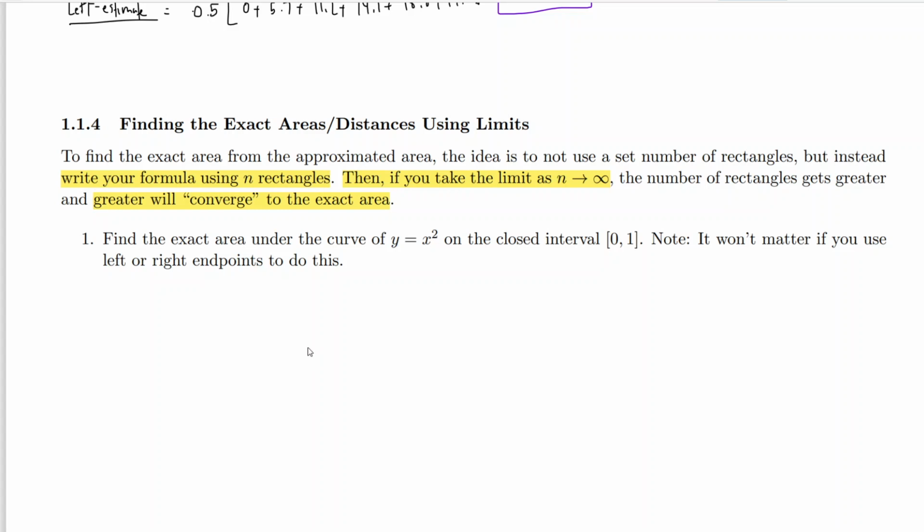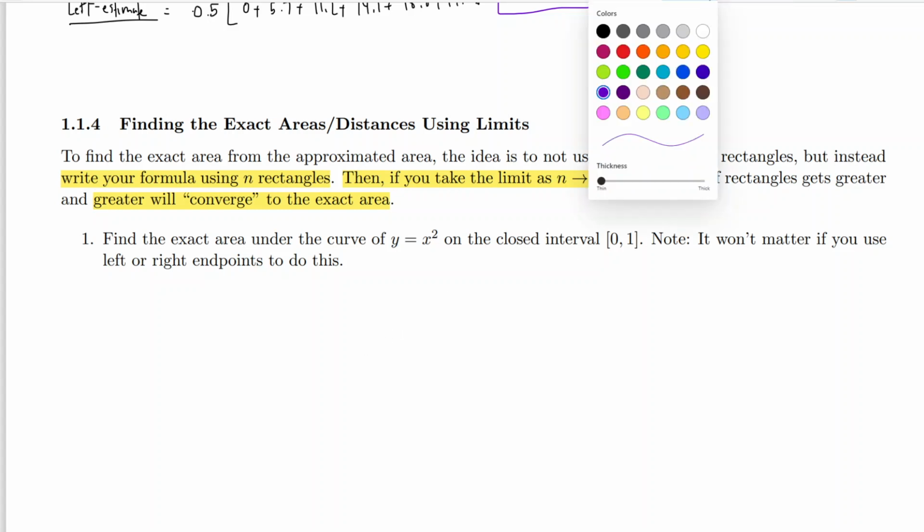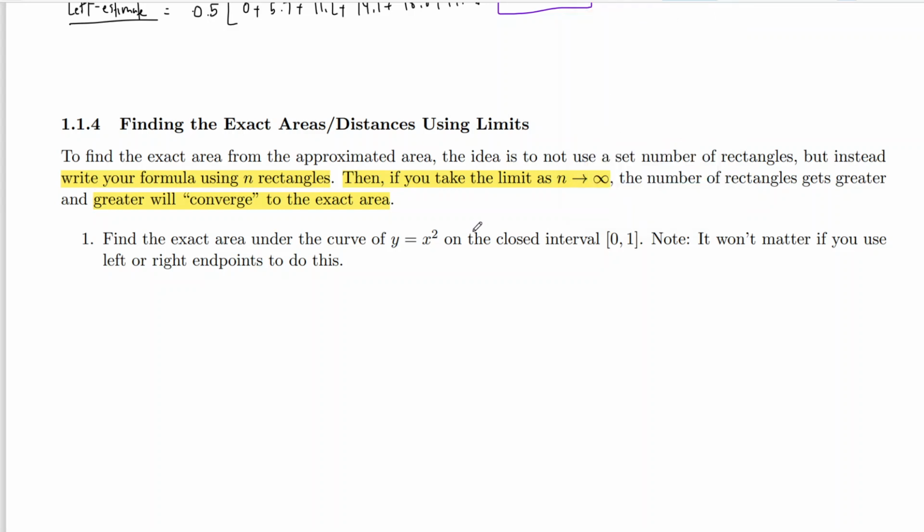Now, one thing I want to stress is that doing a problem like this isn't how we're going to need to find area going forward. It's sort of like the limit definition of the derivative. It gives you an appreciation for all the formulas we're going to have going forward. All right, so the idea is this, and we're going to speak about it in generality. And these are called Riemann sums.